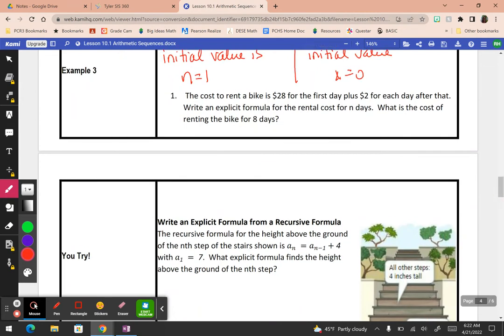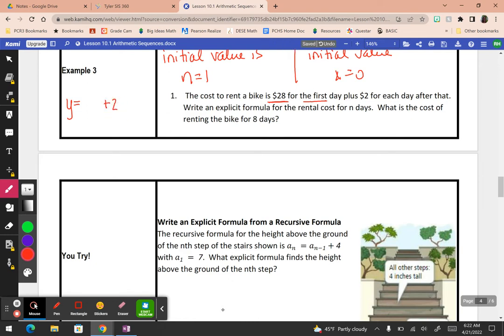Okay, so using that, if I said the cost to rent a bike is $28 for the first day plus $2 for each day after that, right? You're thinking in your head right now, this is exactly the type of thing that we learned when we were first starting our work together in Algebra 1, way back in like August and September. So if I say the cost to rent a bike is $28 for the first day, that'd be like your b, right?